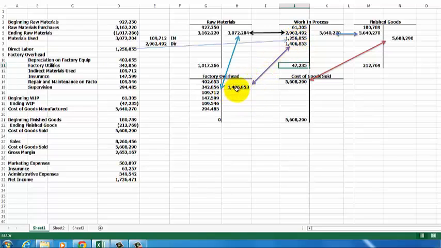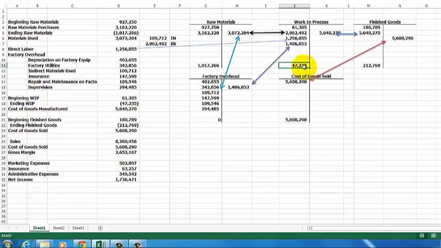All of the factory overhead is credited here and debited to work in process. We use all the actual factory overhead. Later we'll learn how to estimate that a little differently. But right now we'll take the entire amount and debit to work in process. So there's your total costs. Subtract out what you have left.